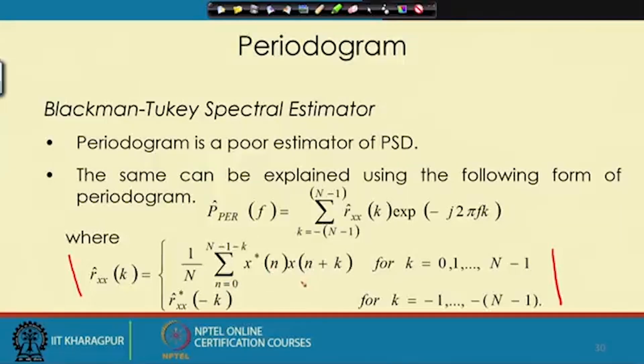For complex input data, we get the conjugate; otherwise, we get just an even function by such an estimate.